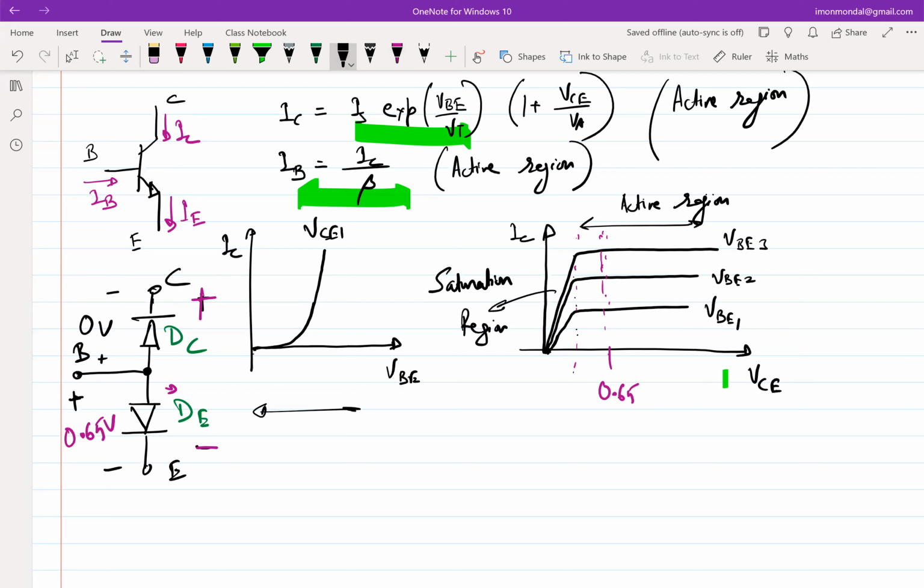The reason is that even though ideally, in order to forward bias a diode, you can give any positive voltage, like 0.1 or 0.2, ultimately we know the diode is exponential, so e to the power 0.1 by VT is also quite high.